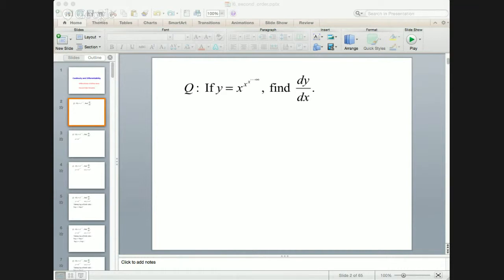So we are looking at our first question, where we are finding derivatives using things that we have learned earlier, techniques such as logarithmic differentiation, and also implicit differentiation playing alongside.